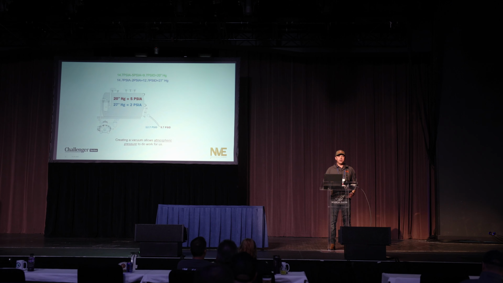As we pull down, we are removing the atmospheric pressure out of that tank. So the external atmospheric pressure is pushing down on the product and forcing it up into the tank, because there's no atmospheric pressure on the tank side pushing that product backwards.